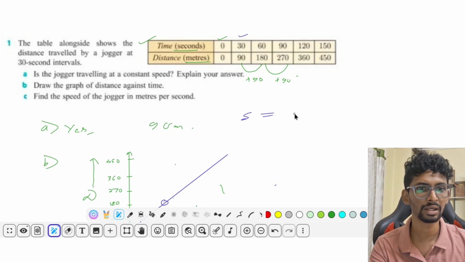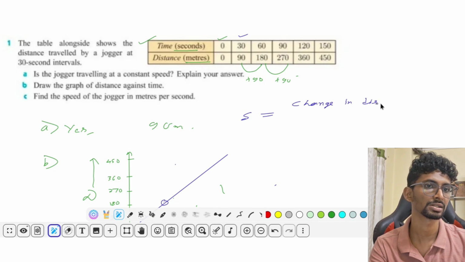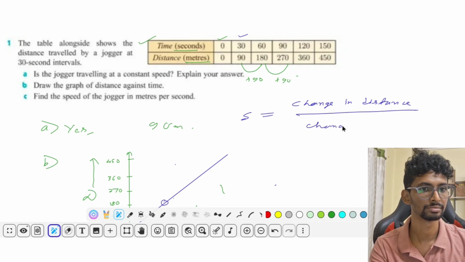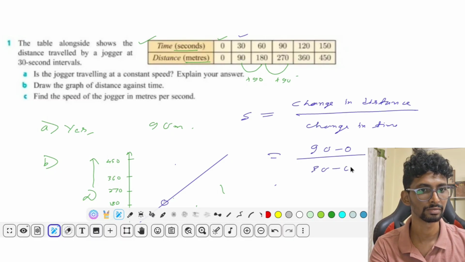So speed will be change in distance divided by change in time. So change in distance, you can write 90 minus 0, and change in time you can write 30 minus 0.